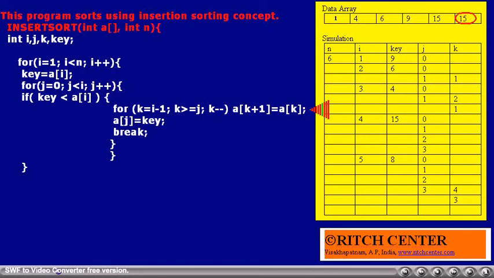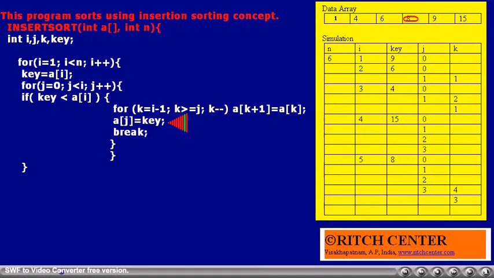K value will be reduced by 1. K value becomes 3. A of k plus 1 is equal to a of k is executed. That is, k value is 3. So, a of 4 becomes a of 3. That is, 9 will be stored in a of 4. Thus 9 will be moved by 1 unit towards right.